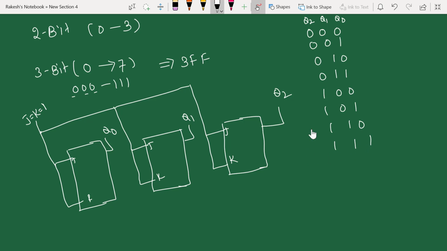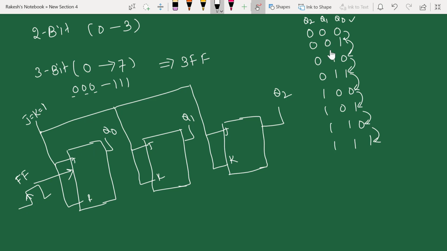Now observe carefully: the first flip-flop is toggling every time, 0 to 1, 1 to 0, 0 to 1, 1 to 0 and so on. That means the clock is supposed to be given to the first flip-flop, so again I am giving a positive edge trigger clock, so that your first flip-flop will toggle for every clock pulse.